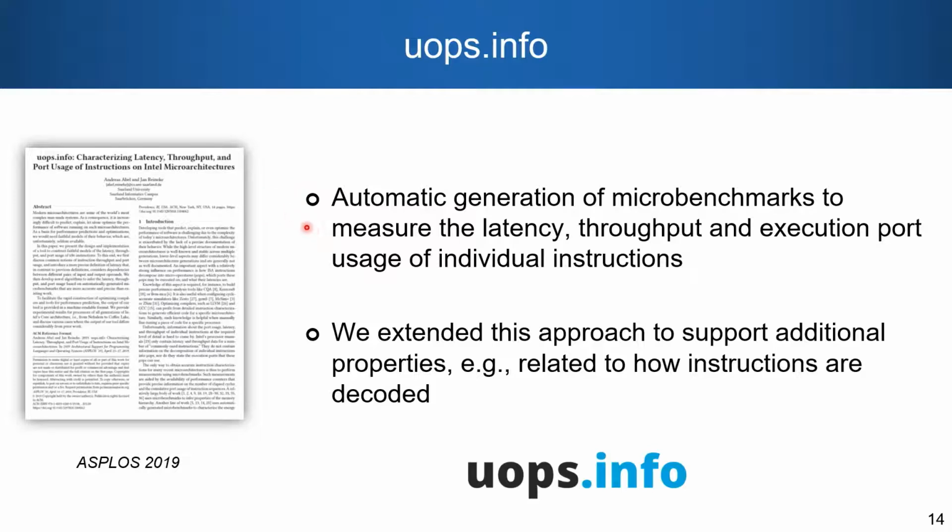This information is necessary for building an accurate throughput predictor, but it's not sufficient. We need additional information about individual instructions. So we extended our work such that it can also automatically generate micro benchmarks to measure additional properties, like, for example, how instructions are decoded, properties related to micro and macro fusion, and others. You can find the result of this work on our website uops.info.